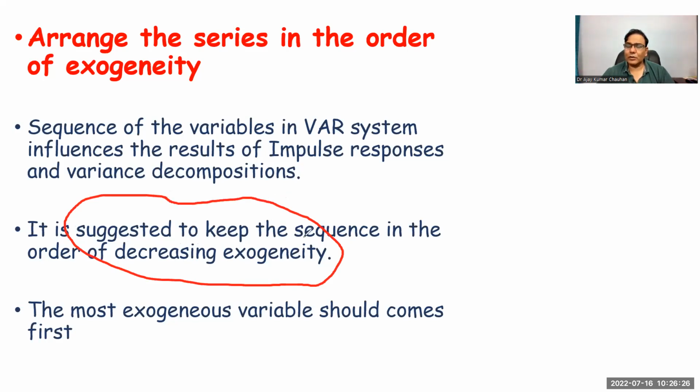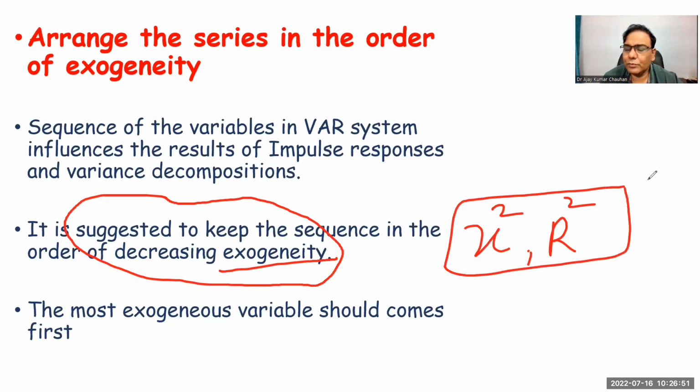Now the question is: how do we decide this exogeneity? On what basis can we say this variable is most exogenous, and this variable is less exogenous? There are many ways of doing this. Number one, you can find out by the chi-square value, or by the r-square value.